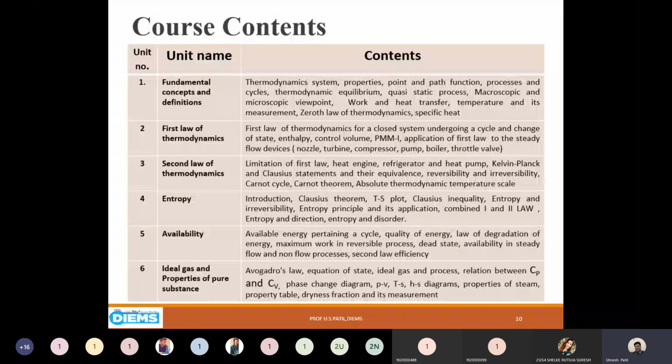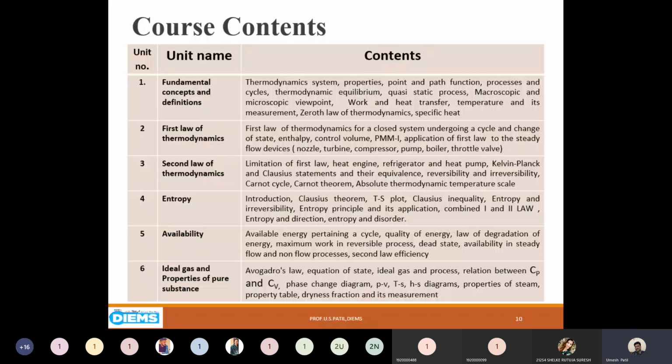So we must know the properties of pure substance, which is generally water, and these properties will decide how much power that turbine will produce and what will be the thermal efficiency of the turbine.